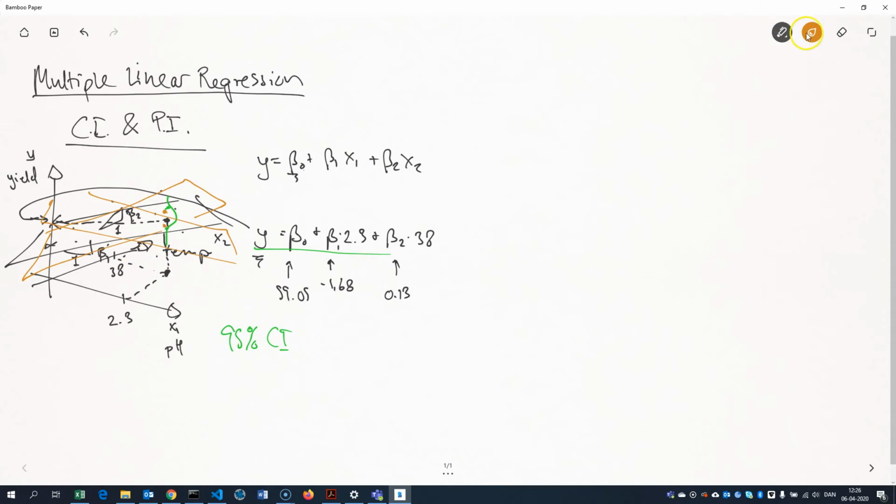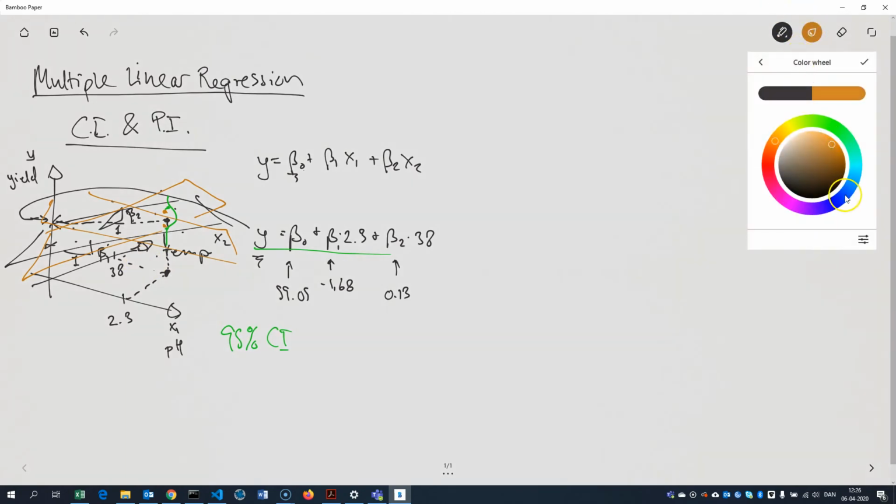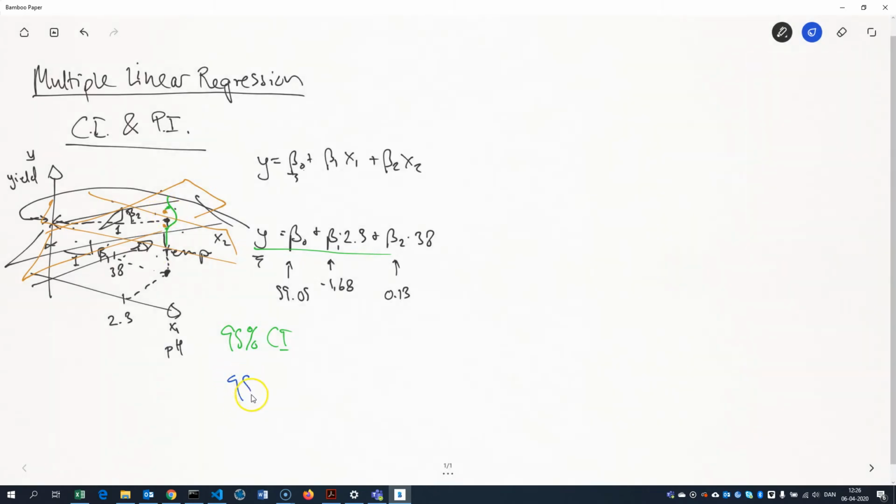And then we're interested in finding what's the model prediction for a new observation, a single new observation. That's what we call the prediction interval for a single new observation.